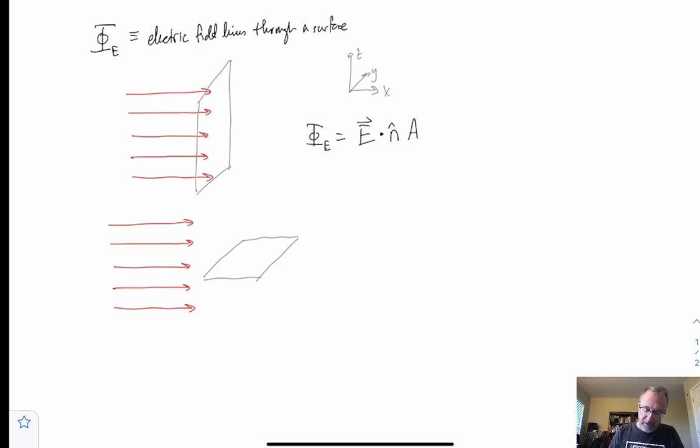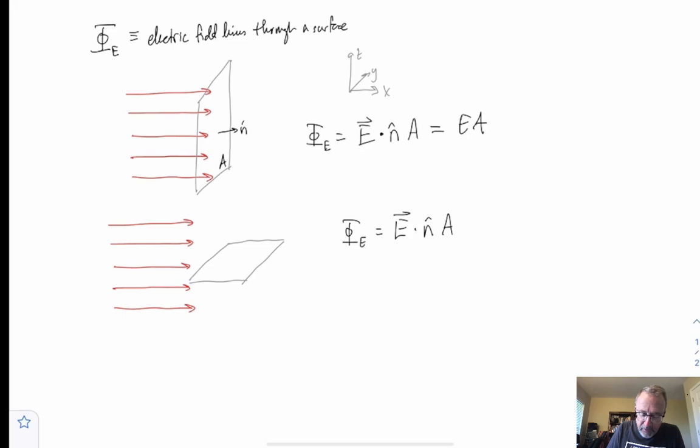If I try to send an electric field through there, it doesn't thread through because it's in the same plane as the electric field line. So the flux here, which would be E dot n hat times A, in this case up here is just E times A, because all of the electric field is along the surface normal.